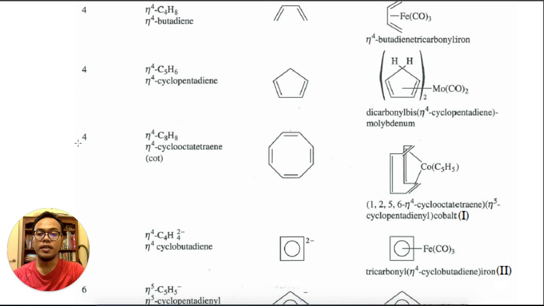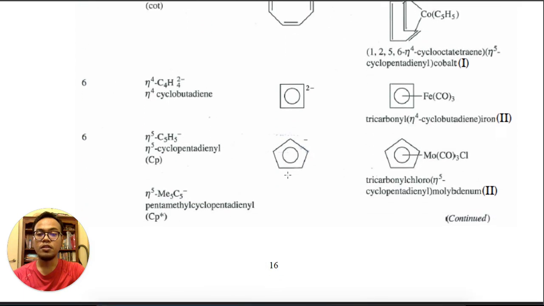But why 4 electrons contributed? Because we have 1, 2, 3, 4 atoms. Any carbon atoms that you pick, you're going to get 2 double bonds. 1 double bond donates 2 electrons, so 2 times 2, you get 4 electrons.